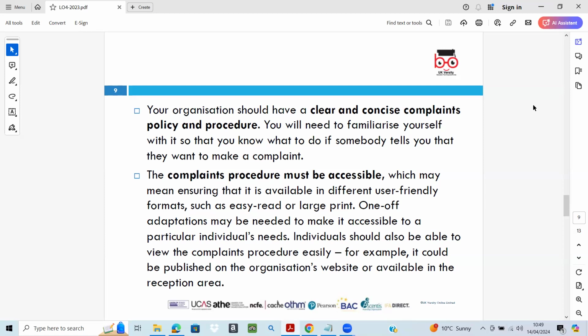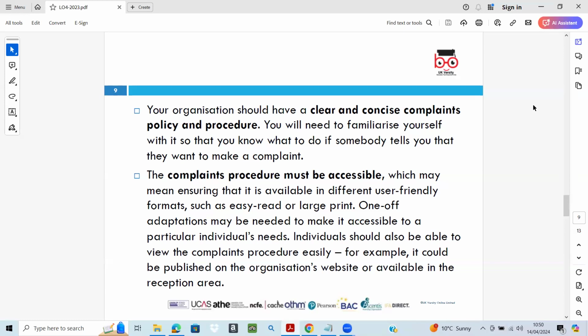It helps not only those who know the technology, because sometimes we have older service users who are not able to go to the website and are not trained in IT or how to use the internet. So it would be beneficial for them if we have some physical copies of it.